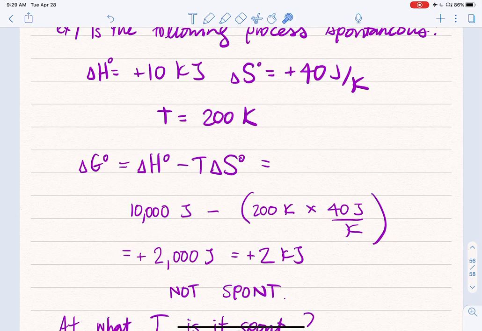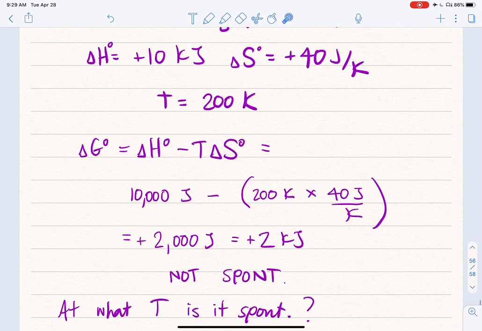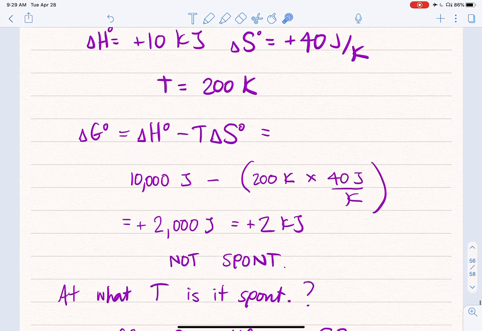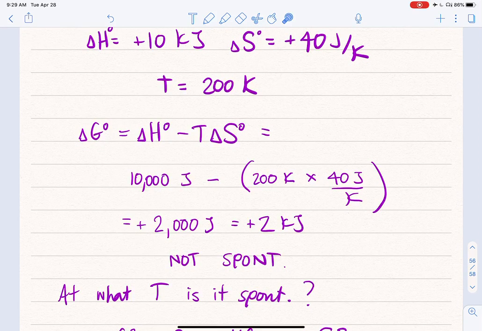So the question becomes, at what temperature would it be spontaneous? This is a reaction that would be entropy driven, because entropy is positive, and when we plug a positive value in here, temperature is always positive in kelvins. This term has to be large enough for the negative to take precedence and give us spontaneity.